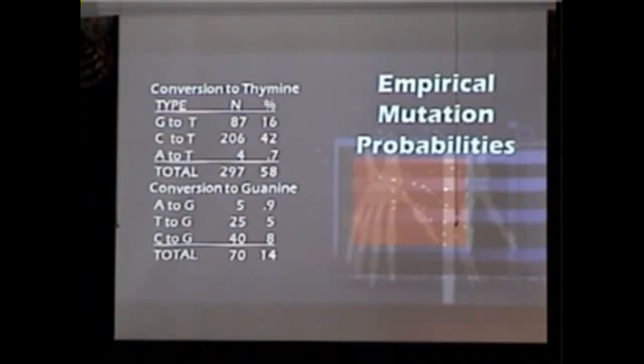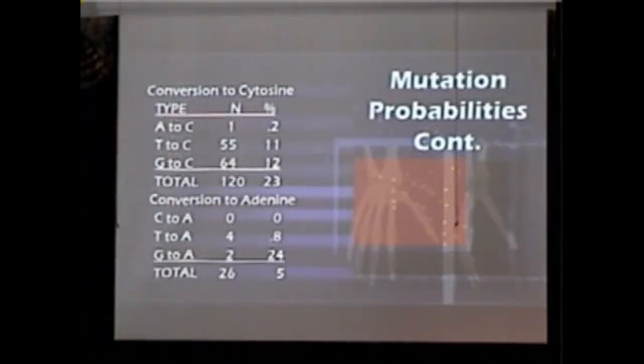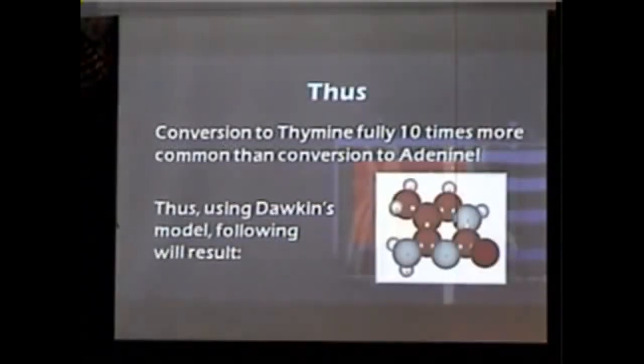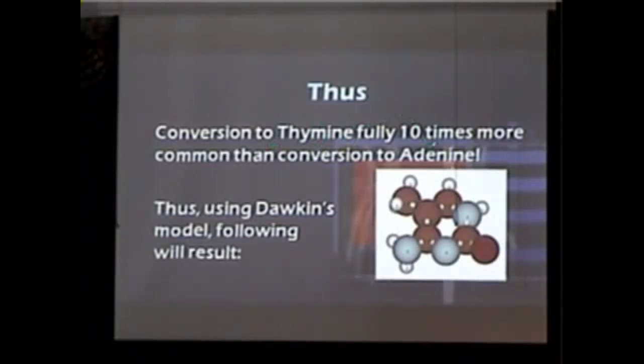So that was the conversions. So what's going to happen? We're going to end up with a lot of thymines, not very many guanines, not very many cytosines, and hardly any adenines. So we're going to degenerate toward thymines. In fact, conversion to thymine is 10 times more common than conversion to adenine.